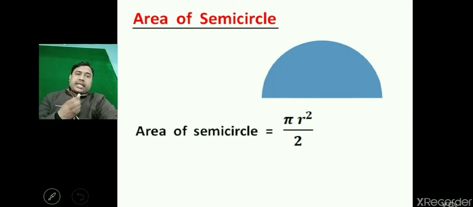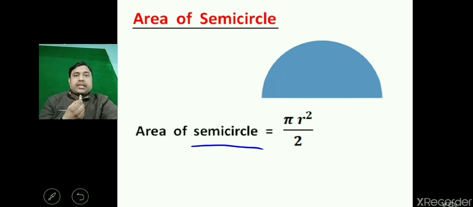Some questions are given on this also. You find the whole circle area pi r square and divide it by 2. So pi r square divided by 2, half of the whole circle area, is the area of the semicircle.